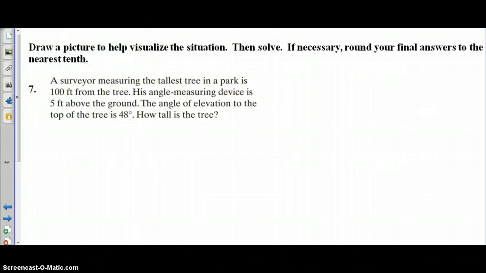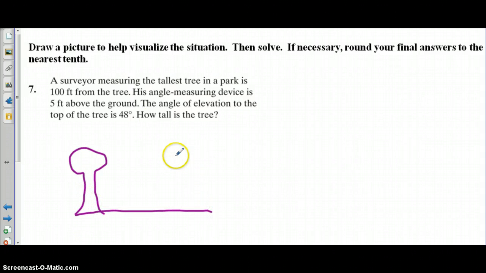feet from the tree. And so we're first going to draw a figure, and so we have a tree, right, in the park, and we have a surveyor, and so we're going to have a person, and we're told that the surveyor is 100 feet from the tree, and it says his angle measuring device is 5 feet above the ground, and so he has a tool that he uses to measure the angle.